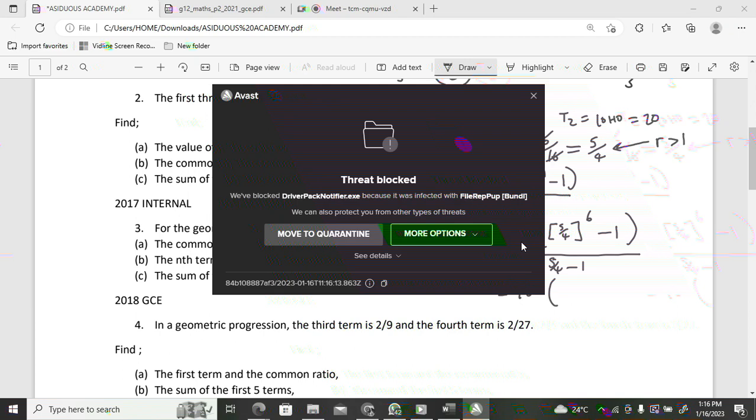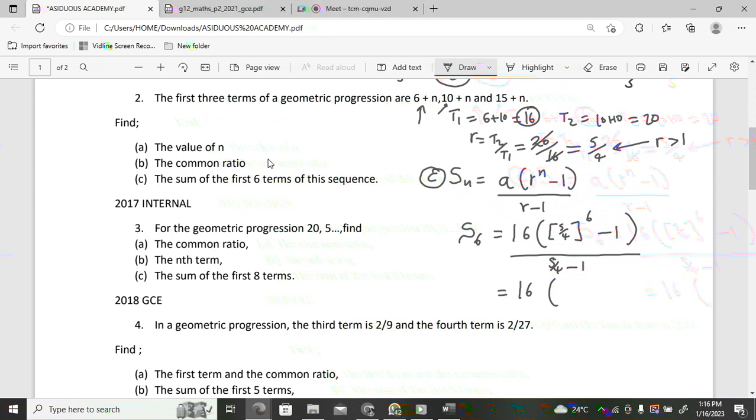That is going to give you 3.81. And then you say minus 1. So just punch them direct on the calculator, okay?